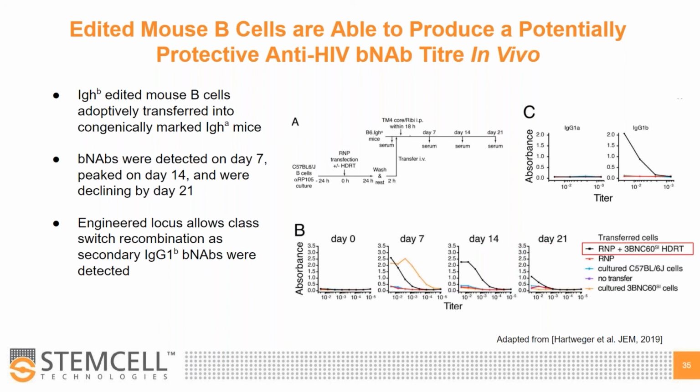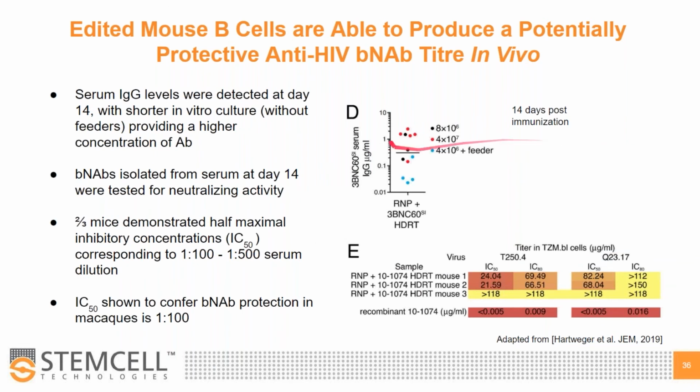Interestingly, they also showed that the engineered locus allowed for class switching, which is shown here by the detection of the specific antibody in a secondary IgG1 isotype. From here, when they looked at IgG serum levels at day 14, they noted that a shorter in vitro culture without feeders provided a higher concentration of antibody in the serum, shown here by the pink and black dots.